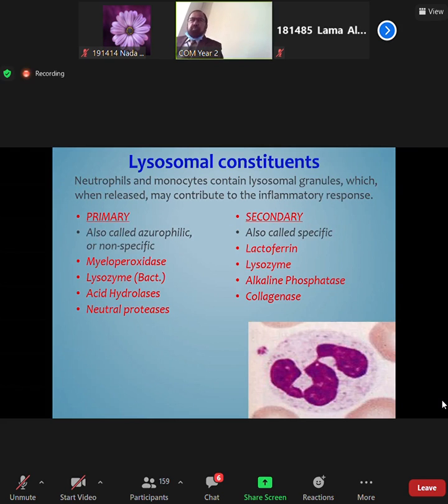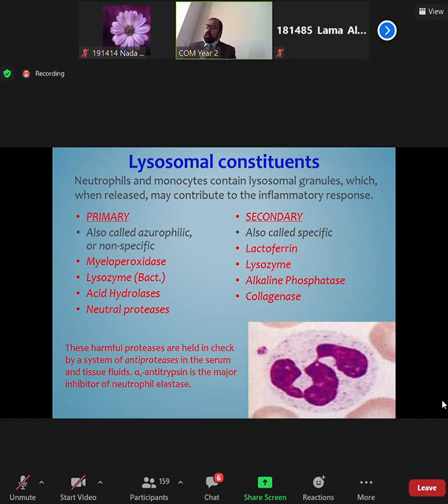Okay, so you must remember these names. These are the lysosomal enzymes. Probably you might be asked a question about what are the different lysosomal enzymes. So these harmful proteases are held in check. So they are there, but you have to have check and balance.